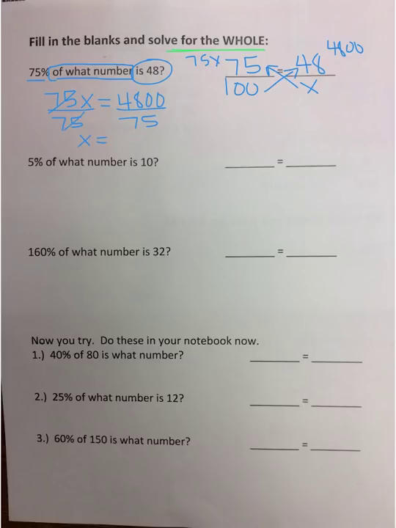Now 4,800 divided by 75, I'm going to have to work that one out because I do not know. Well, let's see. I know 7 would go into 48 probably 6 times, because 6 times 7 is 42. And that ends up being 450.